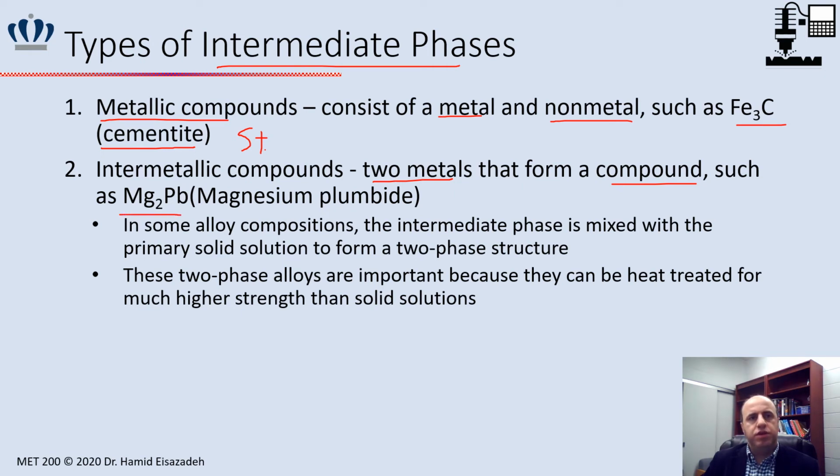One example here is magnesium plumbide, or aluminide titanium, or aluminide nickel, or aluminide iron.